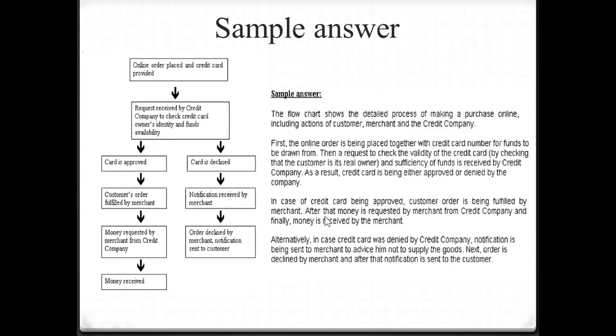After that, money is requested by merchant from credit company, and finally, money is received by the merchant. Alternatively, in case the credit card was denied by credit company, notification is being sent to merchant to advise him not to supply the goods. Next, order is declined by merchant, and after that, notification is sent to the customers.